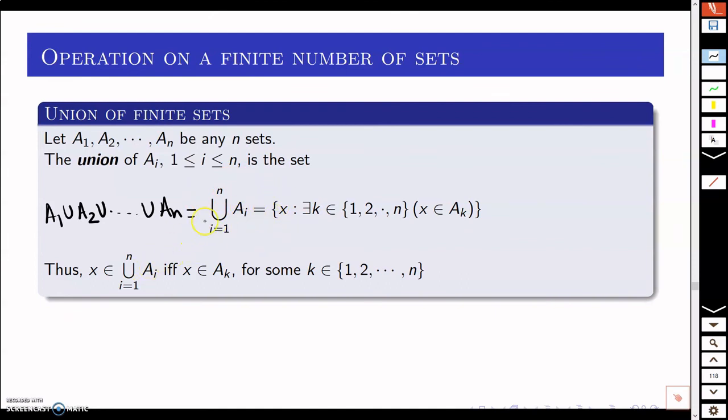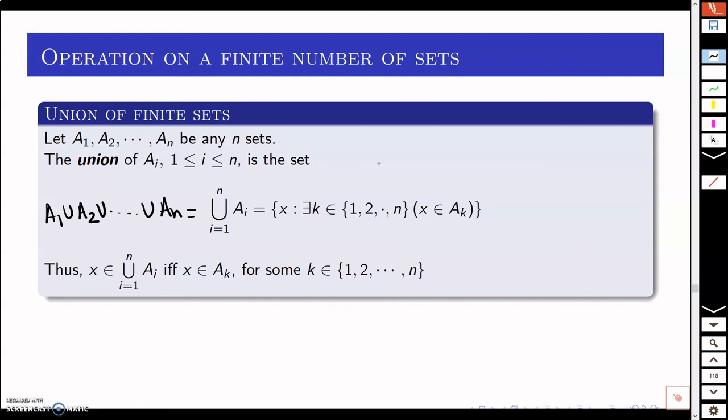So x will come in the union of Ai's if and only if x is there in Ak for some k from 1 to n. So there should be at least one Ak in which x is coming, then it is going to come in their union. Okay, so this is the meaning of union of finite sets. If I have finitely many, then also I can define the union in this manner.